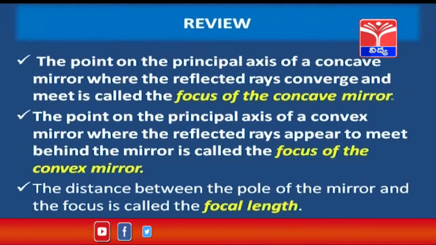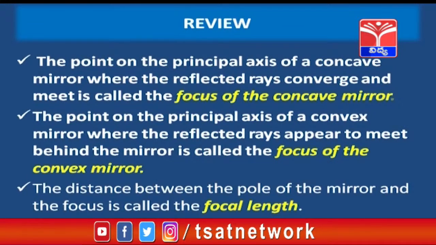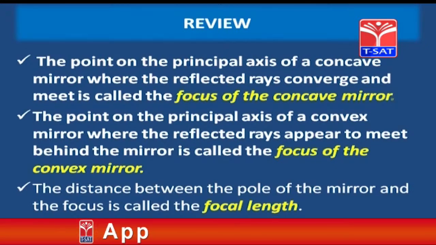And then children, we have also defined the focus of a concave mirror. The point on the principal axis of a concave mirror where the reflected rays converge and meet is called the focus of a concave mirror. The concave mirror is a converging mirror, so all the light rays come together and meet at the focus.